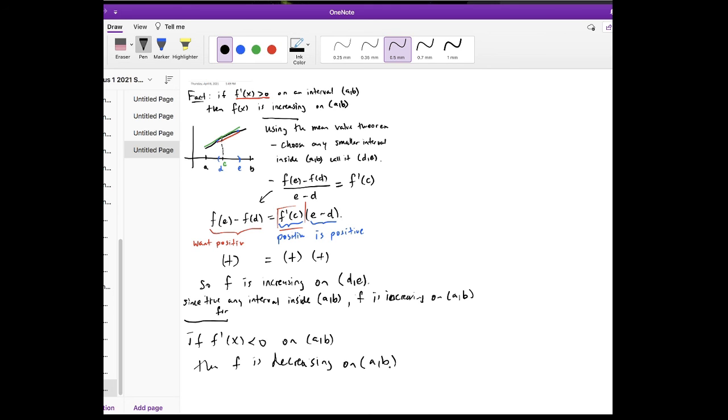By the way, is the converse true? If f of x is increasing on an interval, is f prime positive?